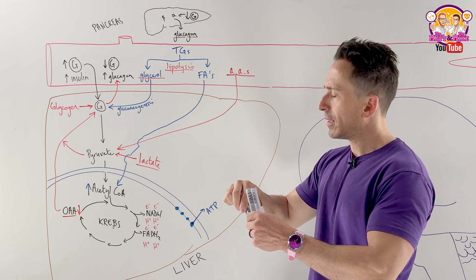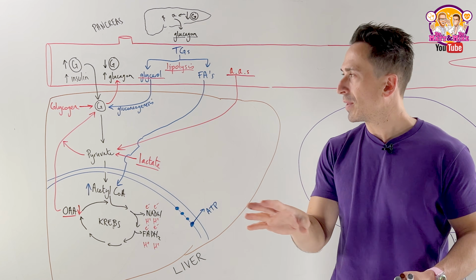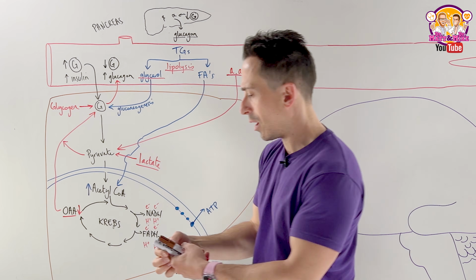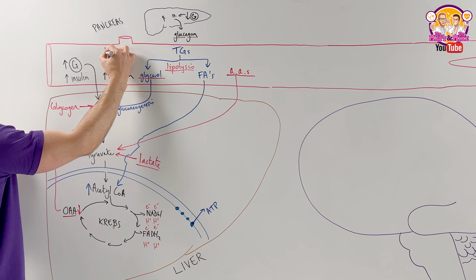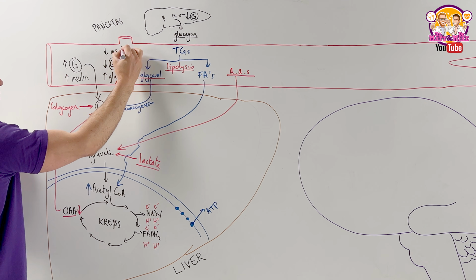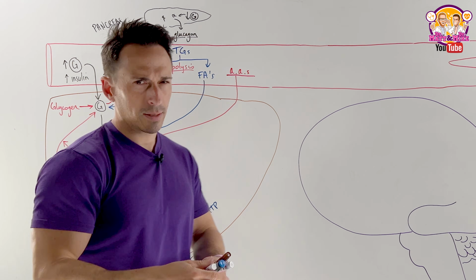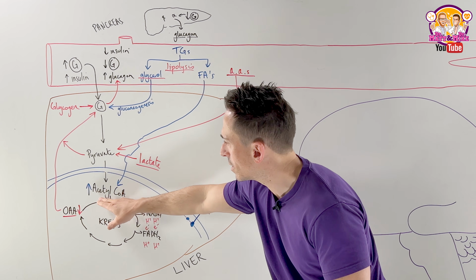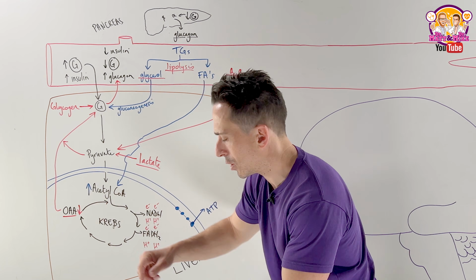Now remember, this is happening when our blood glucose levels are low and our insulin levels are low, but our glucagon levels are high. So blood glucose levels low, insulin is low, glucagon is high. All right, let's think about what's happening. Not enough oxaloacetate to bind with acetyl-CoA. And so this then means that the acetyl-CoA accumulates.